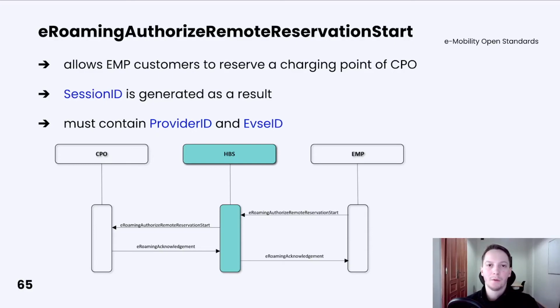Hubject will first check if there is a valid contract between EMP and CPO, then it will check if EVSE is known and if CPO is the owner of EVSE, and after that it will forward the request to CPO. As a result, session ID is generated, and also we must remember that provider ID and EVSE ID must be a part of a request.